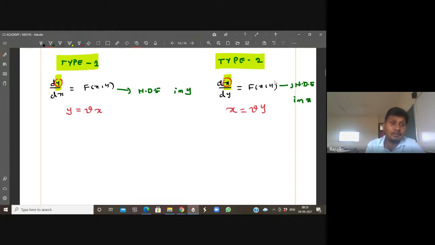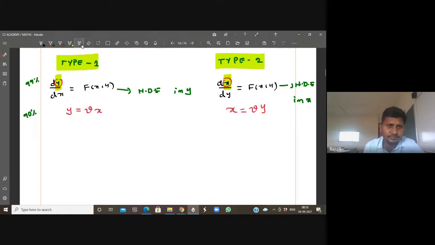Whenever it is homogeneous in y, substitute y is equal to vx. Whenever it is homogeneous in x, substitute x is equal to vy. That's all. 99% of the questions in NCERT and 90% of the questions in JEE are in the form of homogeneous in y.